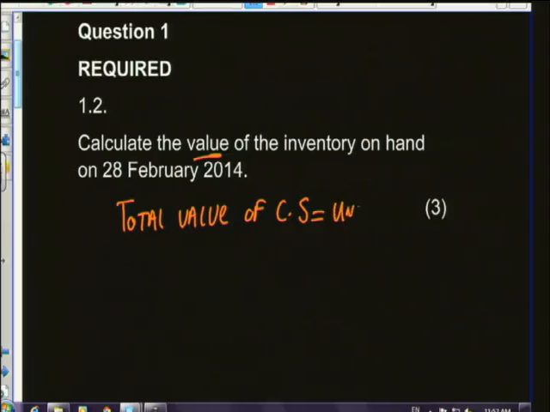So I'm going to take the number of units that I have available at the end of the year, in other words, my closing stock units, and I'm going to multiply this by my weighted average price that I calculated in the previous question. Not a difficult calculation at all, but remember, guys, again, very, very important for you to take into account the information that was given.